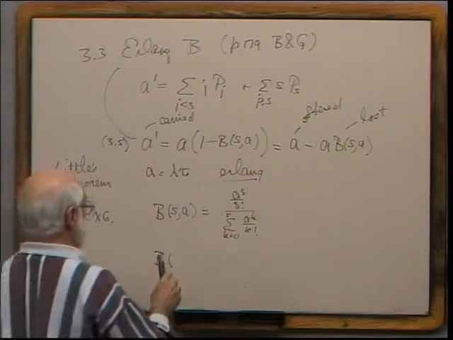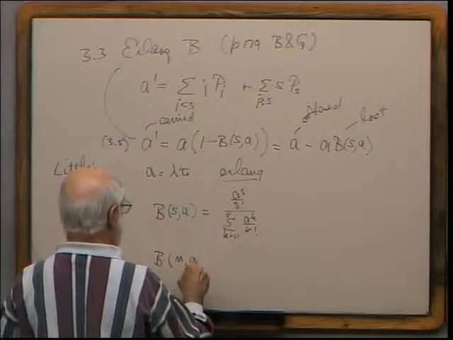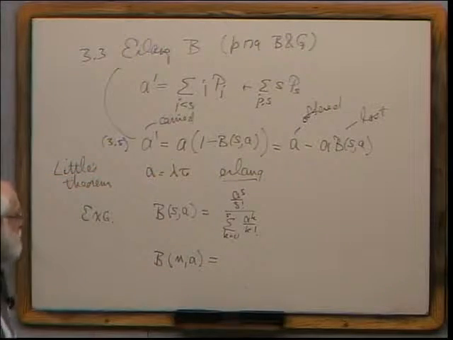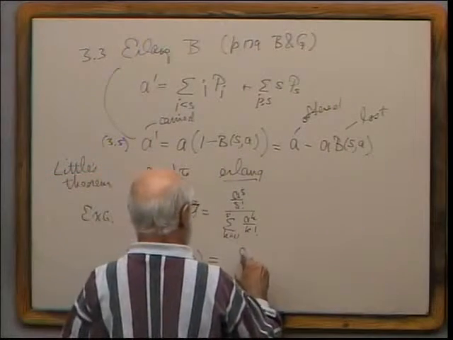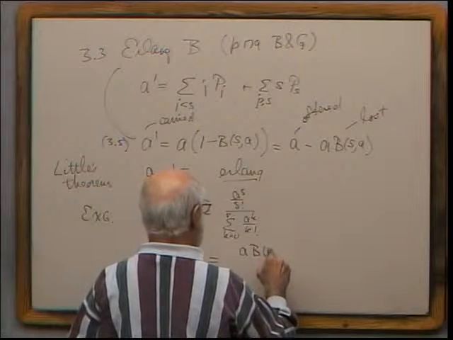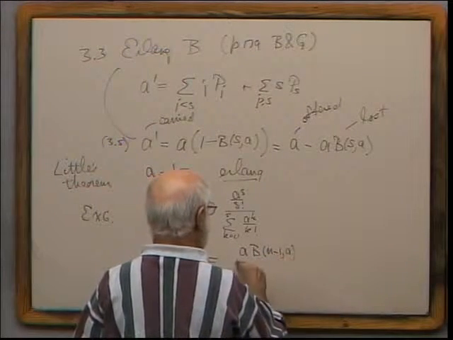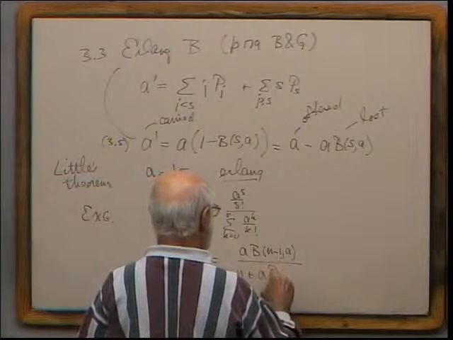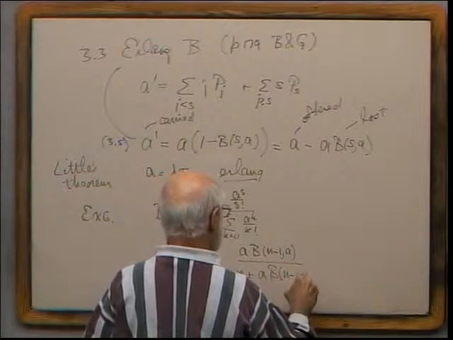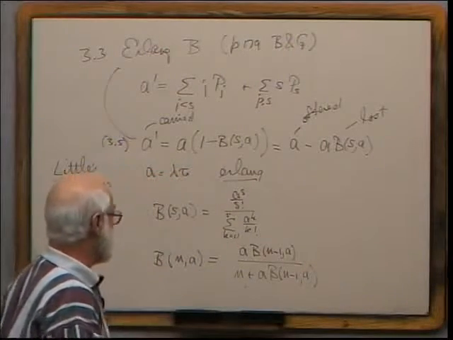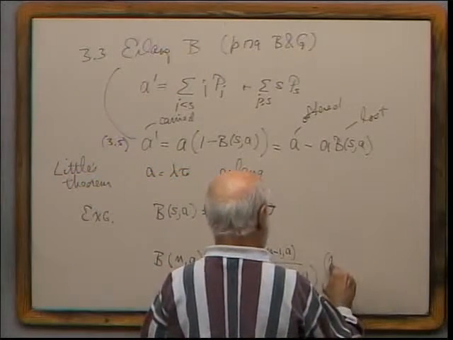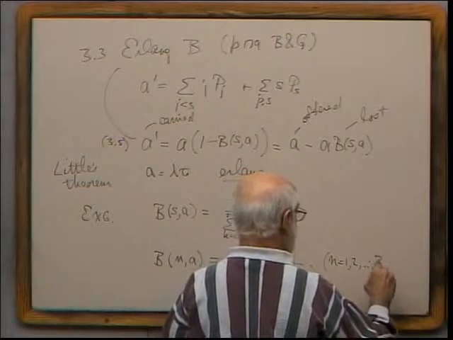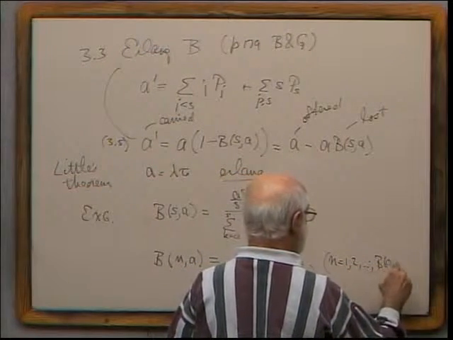The Erlang B formula for A Erlangs of offered load and N servers is given by A times B of N minus 1, A, divided by N plus A times B of N minus 1, A. That's valid for N equals 1, 2, and so forth, with the initial condition that the Erlang B for 0 servers and A Erlangs is 1.